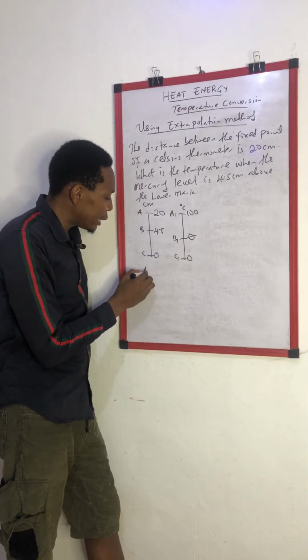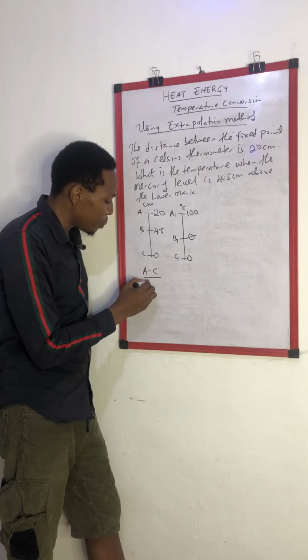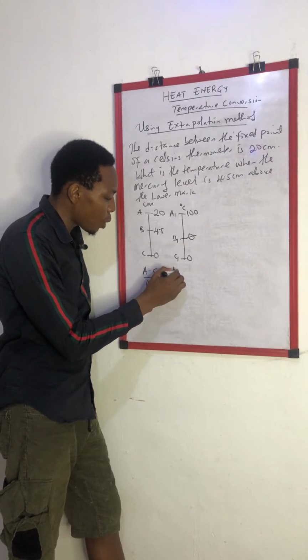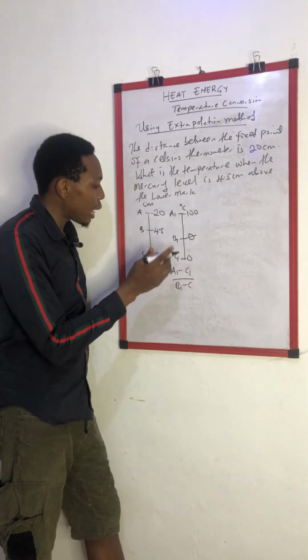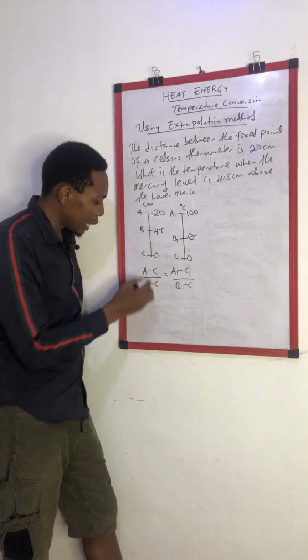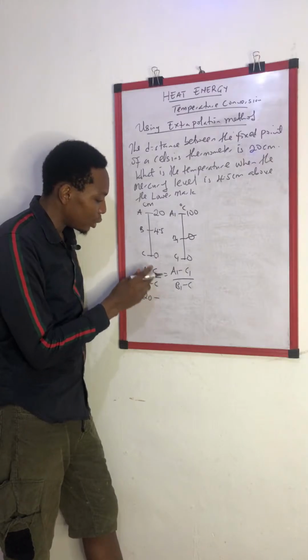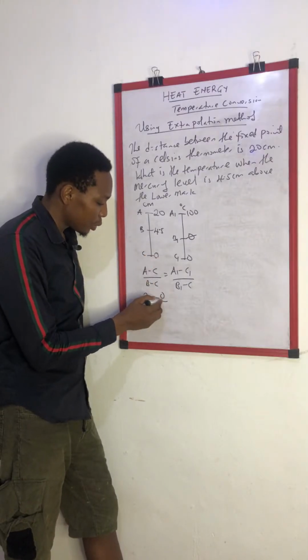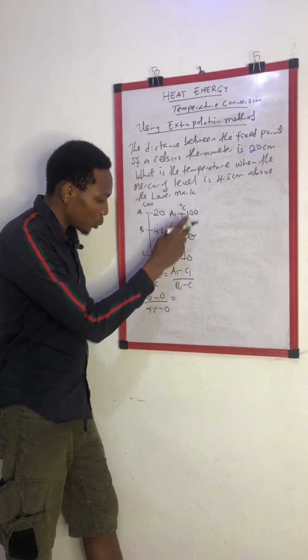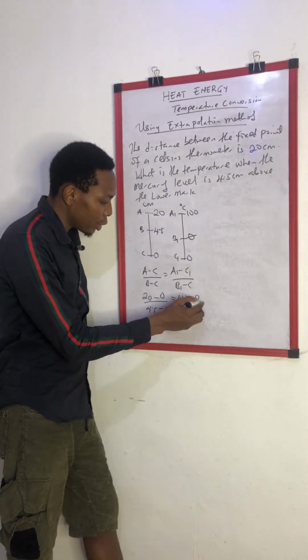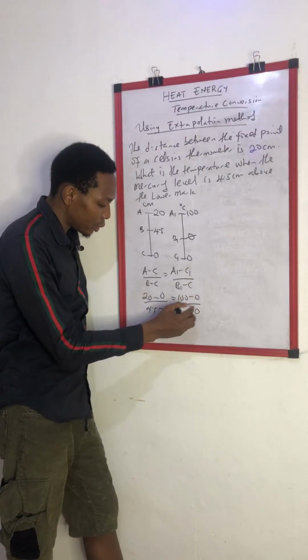Remember, it's A minus C, then B minus C, equals to A1 minus C1 over B1 minus C1. So our A is 20 minus 0, then all over 4.5 minus 0, equals to 100 minus 0 over theta minus 0.